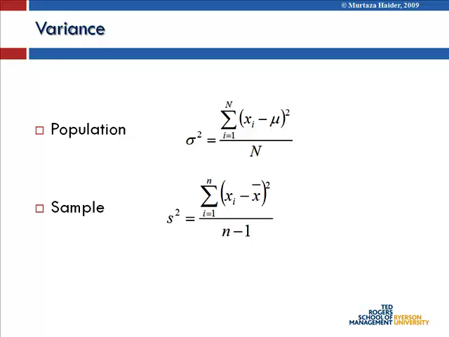In fact, these two formulas are different, because N is the number of observations for population, but when we compute the variance for a sample, we divide the sum of squared deviations by n minus 1. That is, we subtract 1 from the total number of observations in our data set.